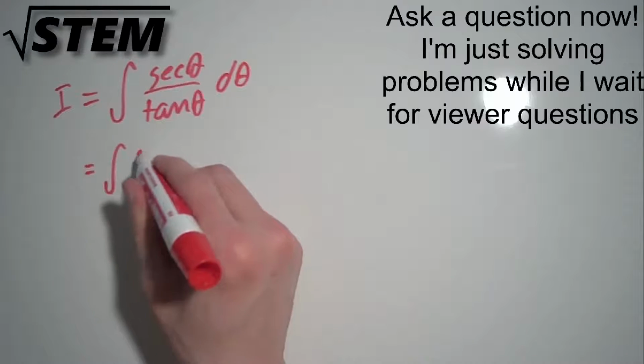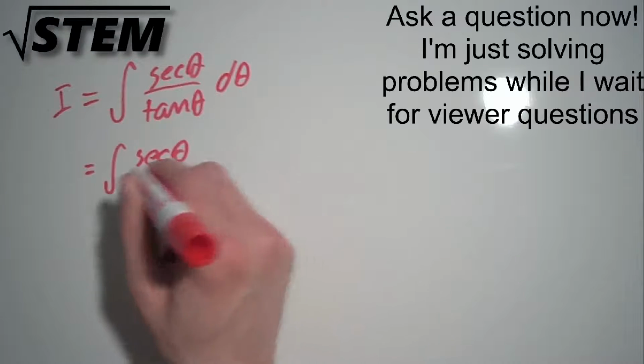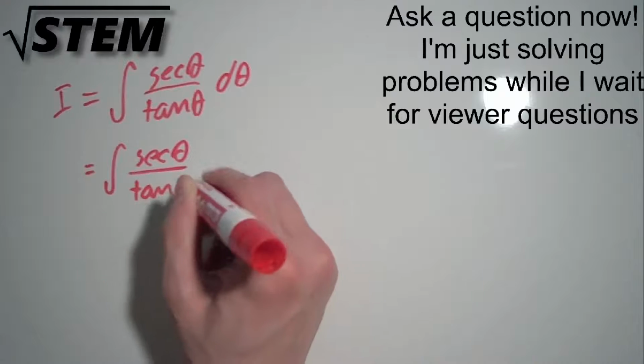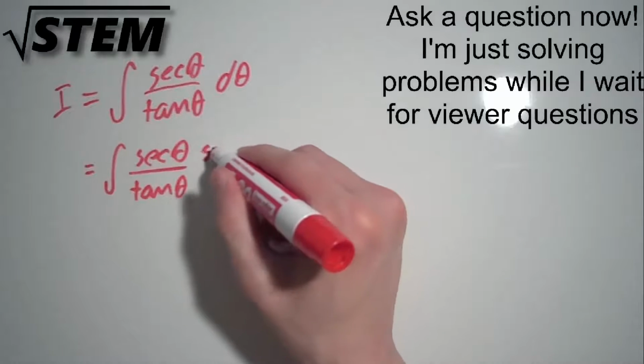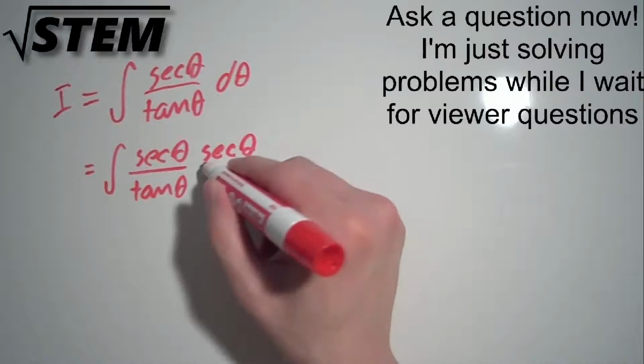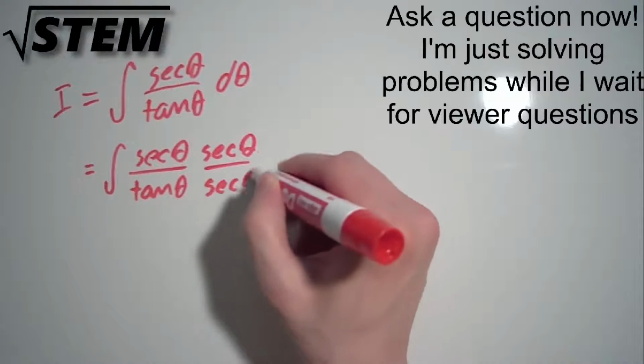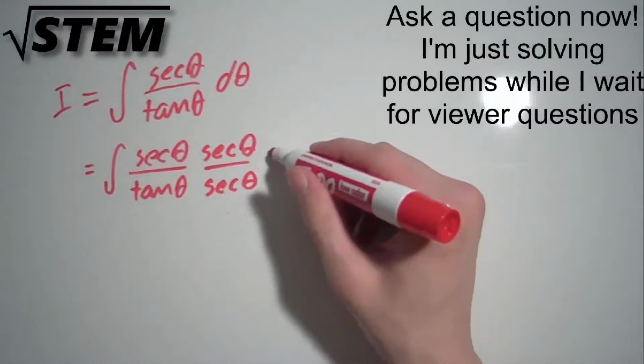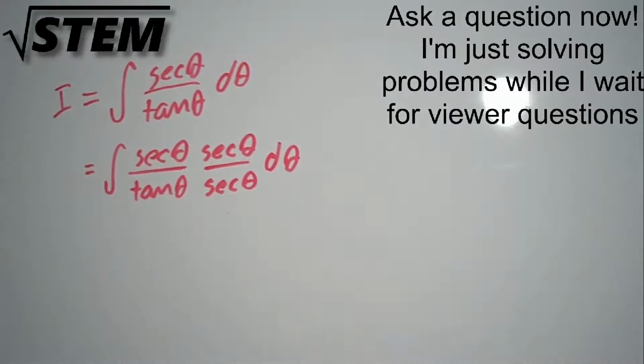We're going to multiply by 1, and in this case our 1 will be secant over secant. Maybe. Actually, now I'm not so sure that it will work now that I'm seeing it.